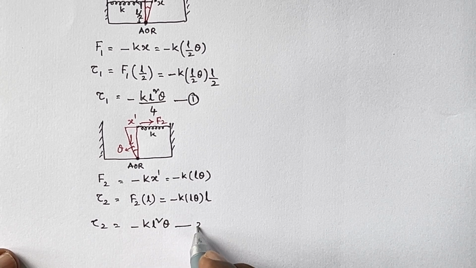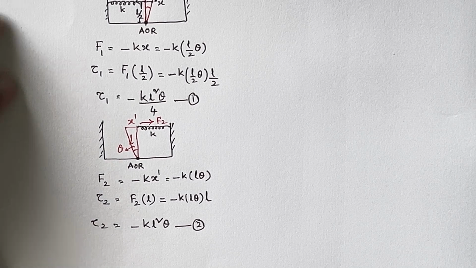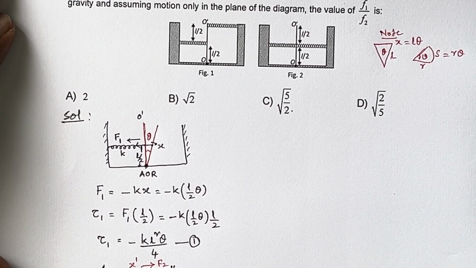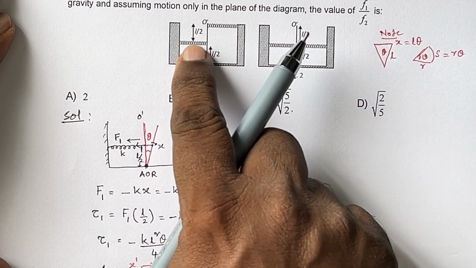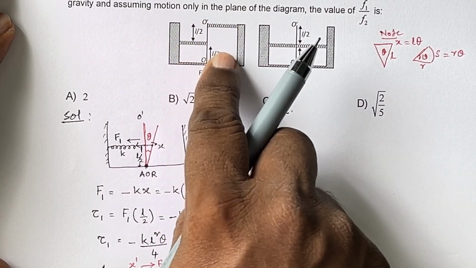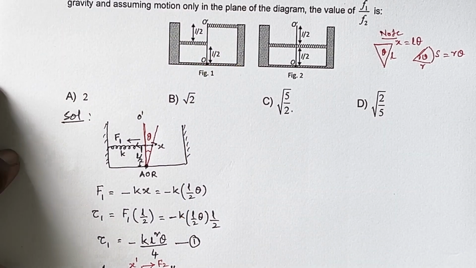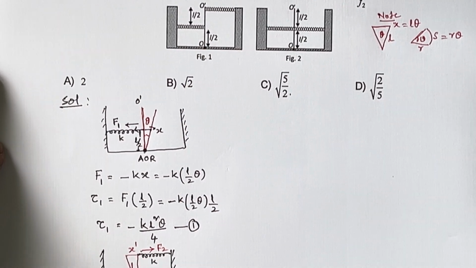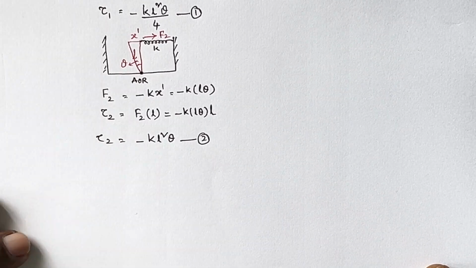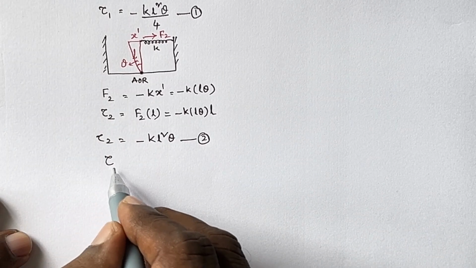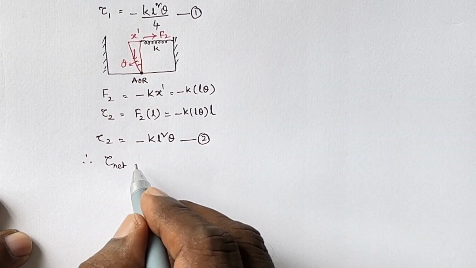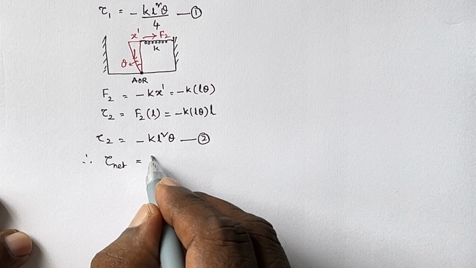This is equation 2. But what happened here in picture 1? Let us revisit the diagram. In figure 1, both springs are connected to the rod. So when it is oscillating, the effect due to the first spring and the effect due to the second spring both take place. That's why the net torque acting on the rod is equal to I alpha.